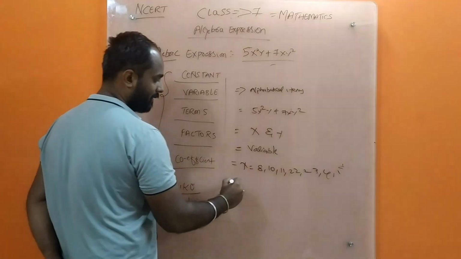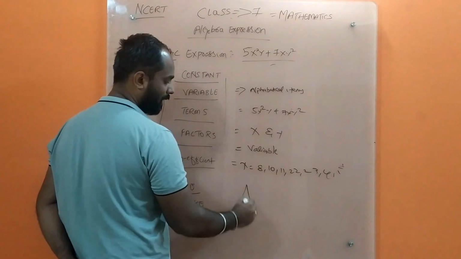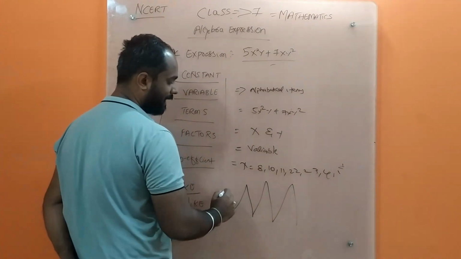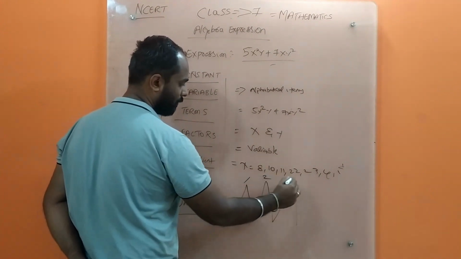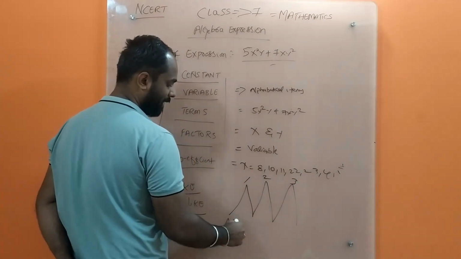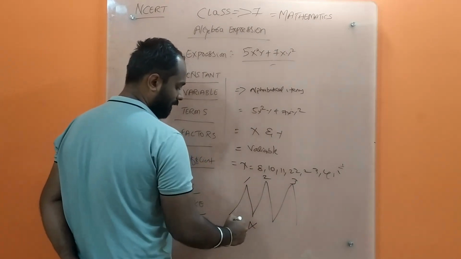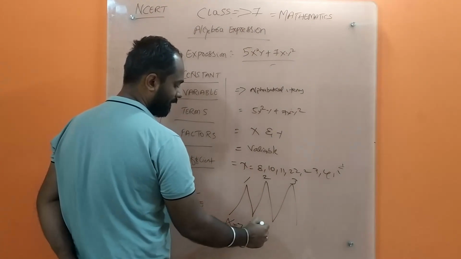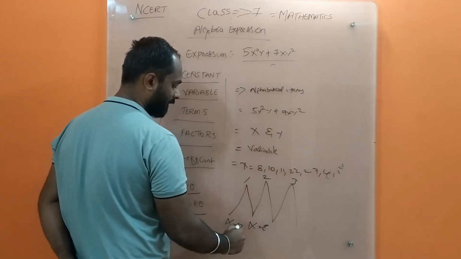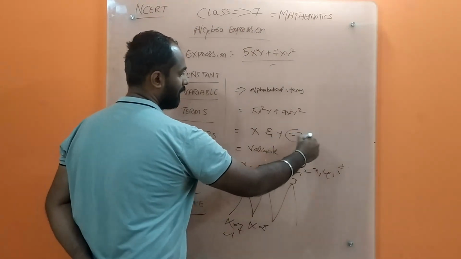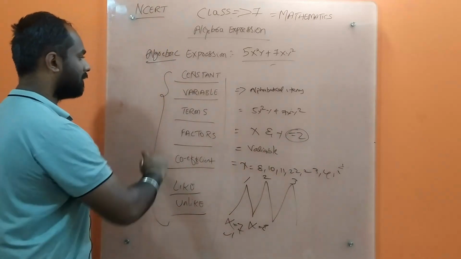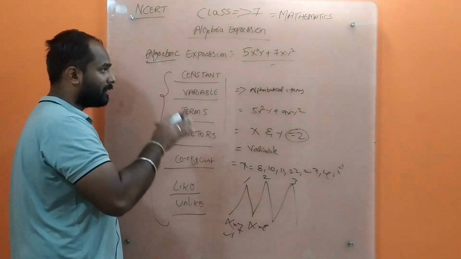A variable means it can go up and down; we can give any value, like 1, 2, 3. You can assign x equal to 7, y equal to 8, or minus 1, minus 2, anything. A variable fluctuates, or we can assign anything to it.